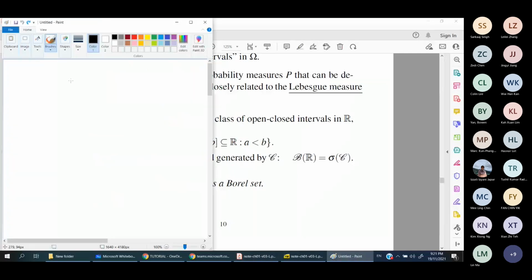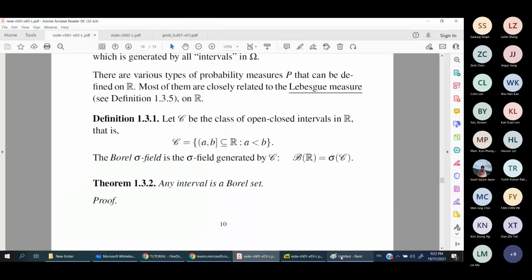That's why on day one we know these kinds of things, (a, b], are Borel sets. We know all these kinds of intervals are Borel sets, day one, we already know. Then we are going to use these intervals to produce new Borel sets.